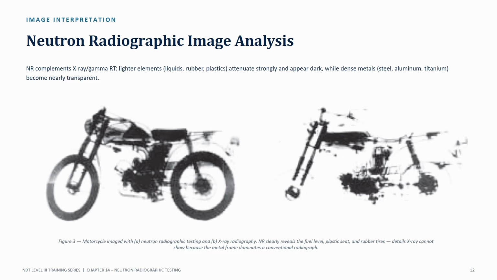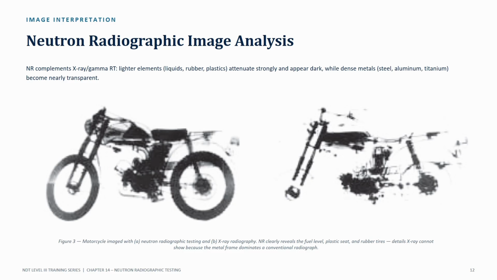Now, let's think about this from an industrial perspective. Suppose you're inspecting an aerospace hydraulic actuator. If your objective is to verify the condition of the steel housing, conventional radiography may provide all the information you need. However, if you're trying to determine whether hydraulic fluid is present, whether an O-ring has been installed correctly, or whether moisture has entered the assembly, neutron radiography becomes the preferred inspection method.